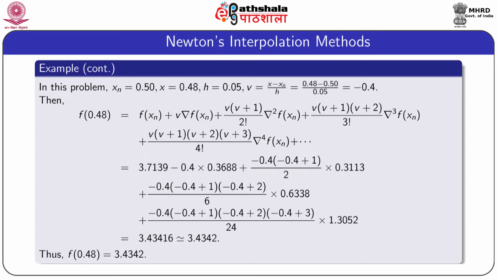So, we substitute the values of f of xn, nabla f of xn, nabla 2 f of xn, and the value of v, and we obtain f of 0.48 equal to 3.43416, and this is approximately equal to 3.4342, correct up to 4 decimal places or 5 significant figures. Thus, the approximate value of f at 0.48 equal to 3.4342.